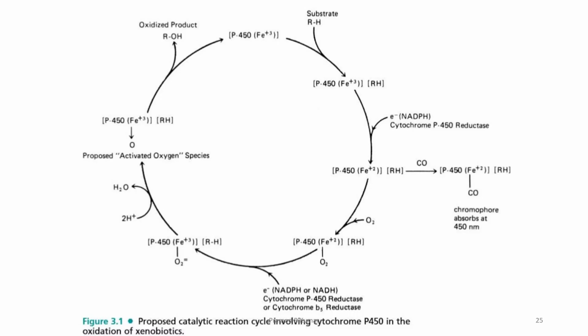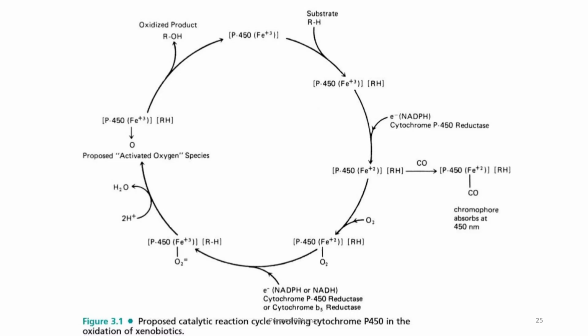NADPH is a reducing agent, and in the presence of cytochrome P450 reductase it introduces one electron into the system. The moment it introduces one electron, the Fe+3 of cytochrome P450 gets converted into the Fe+2 form.